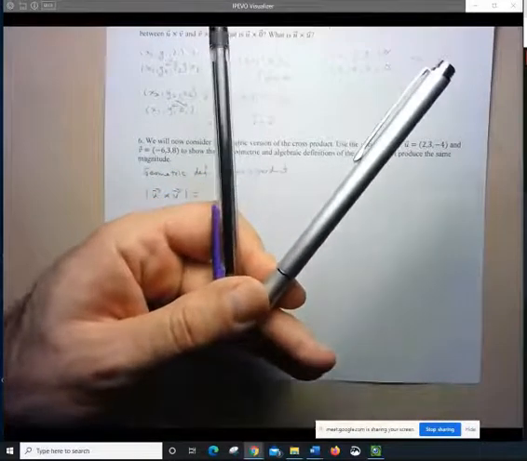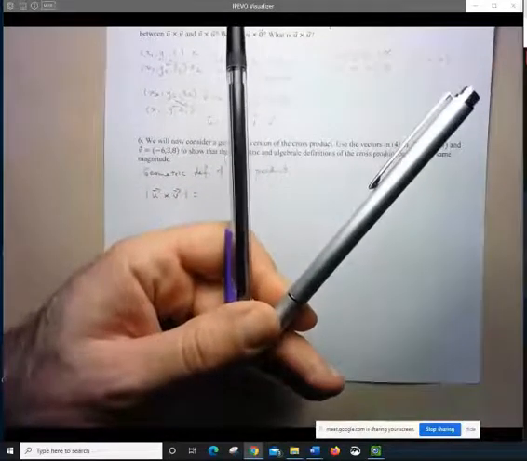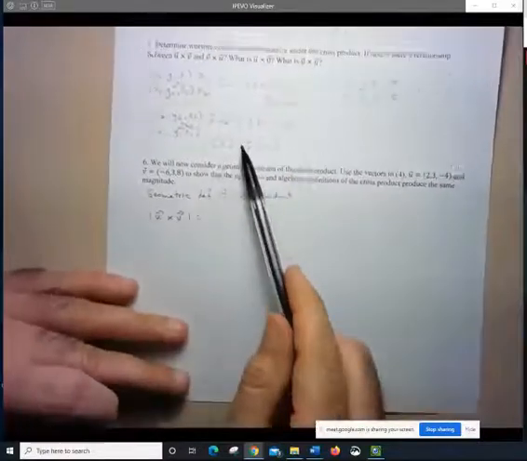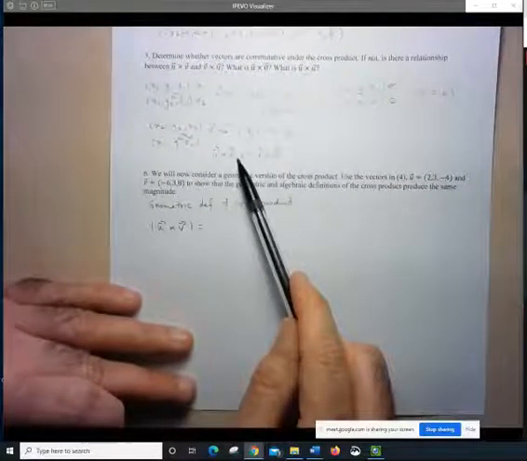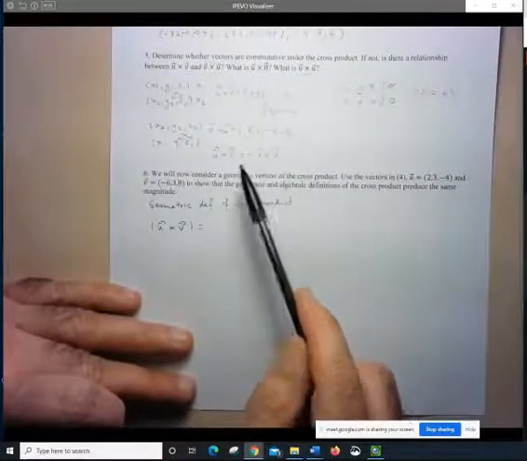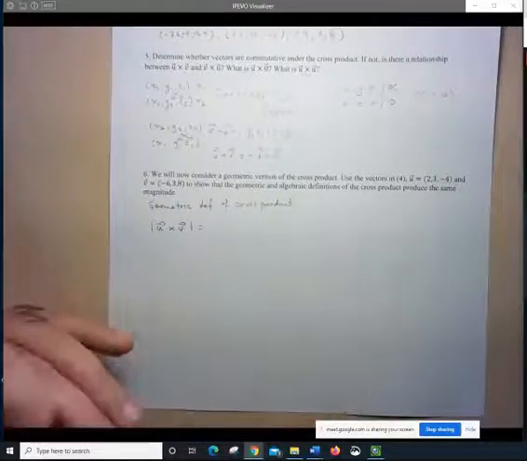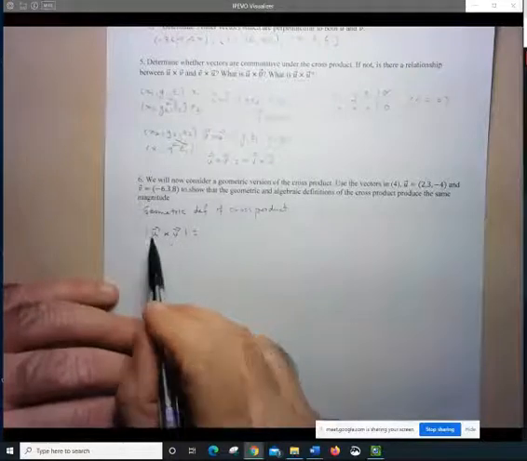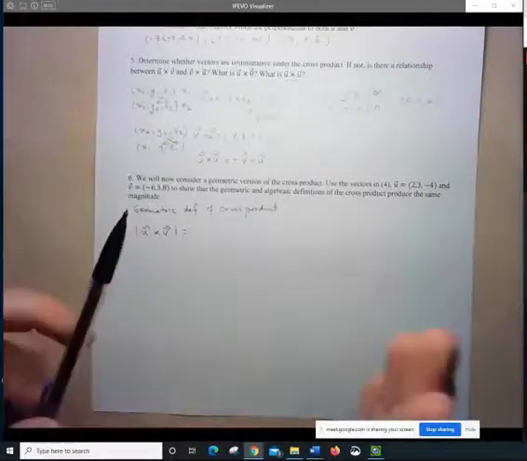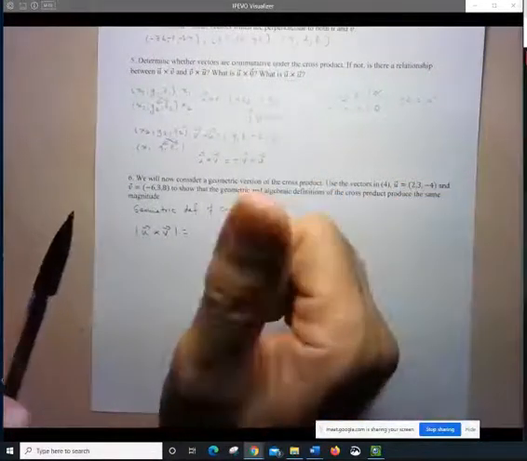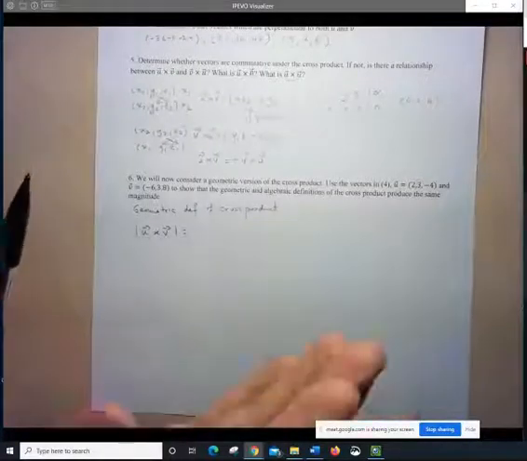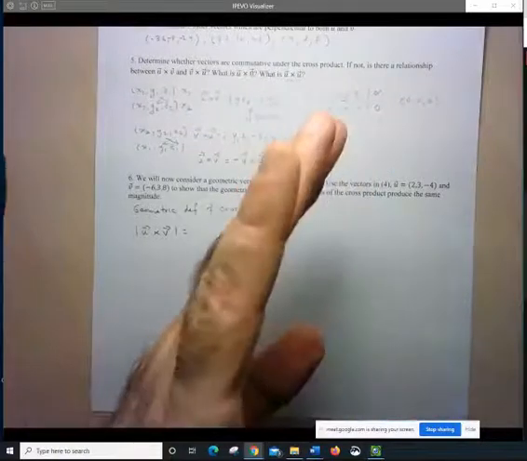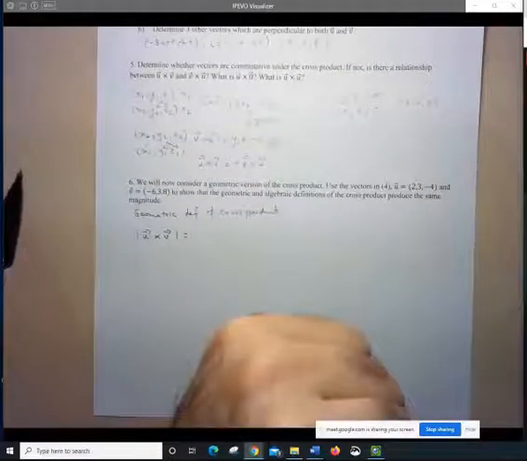So this also is a way of justifying the idea that u cross v and v cross u are opposites of each other. Because we're going to see that the magnitude won't depend on the order, but because you're using the right-hand rule to determine the direction, whether you start with u and go towards v, it points up, or if you started with v and went towards u, it would be pointing down.